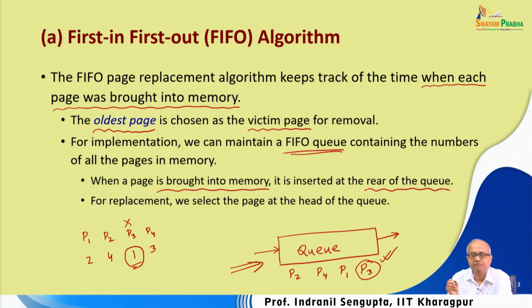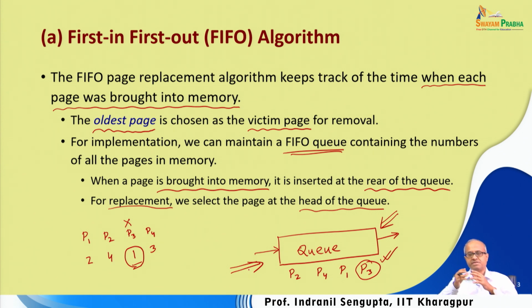Whenever you want to find a victim page for replacement, we select the page at the head of the queue. In this example P3 was at the head, so P3 was selected as the victim, and lastly when P2 came, P2 was added at the rear of the queue. This is how FIFO can be implemented.